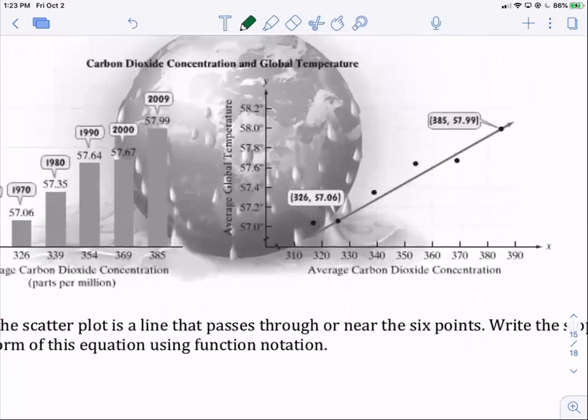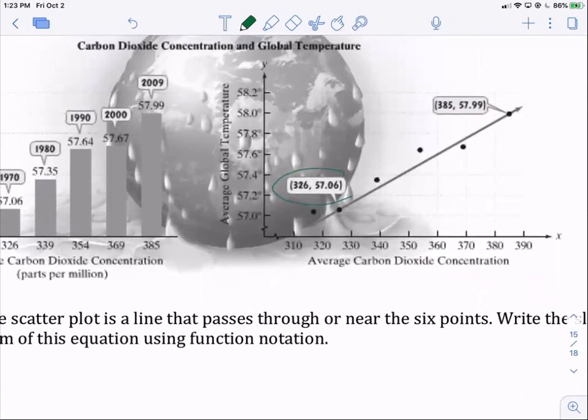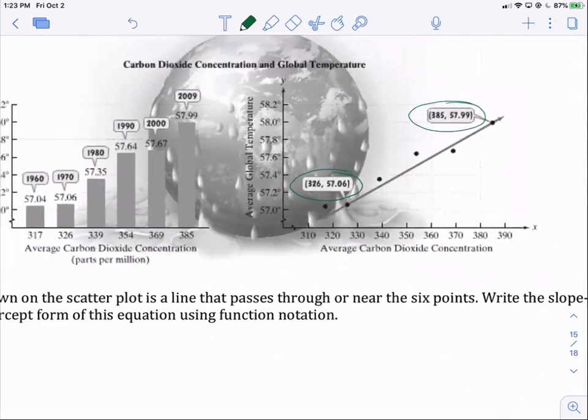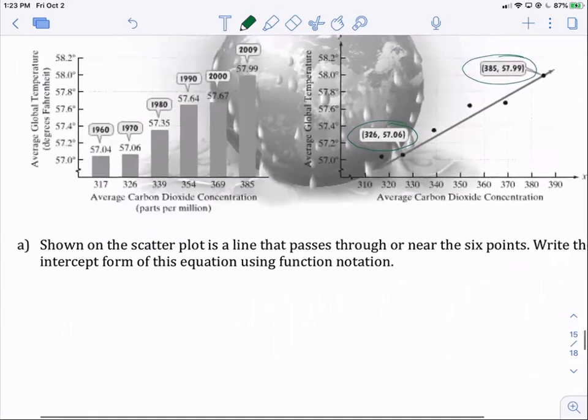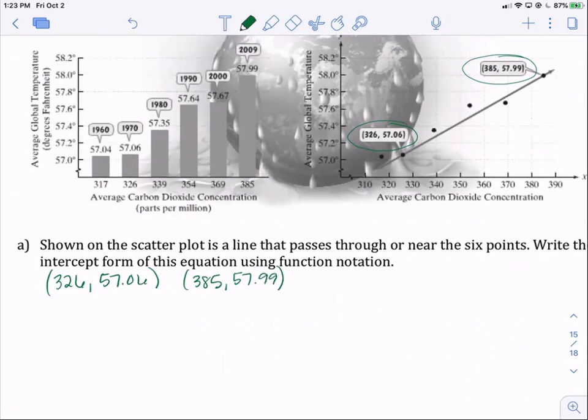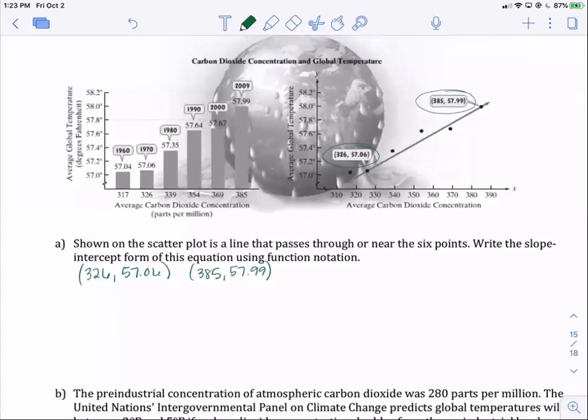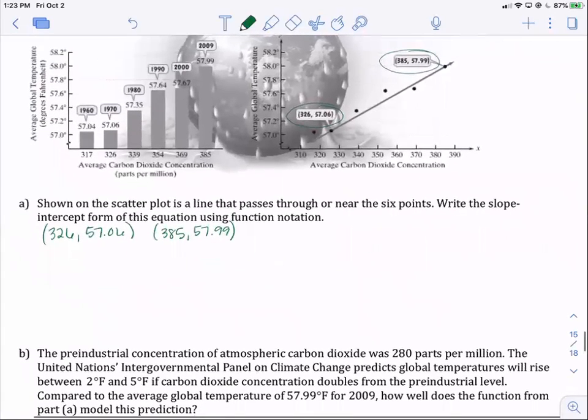So we have the point (326, 57.06) and (385, 57.99). I'm going to rewrite those just so that we can all see them. Whenever we're writing an equation of a line, what do we have to find first?